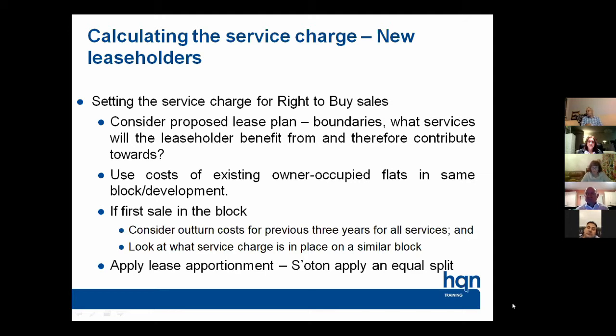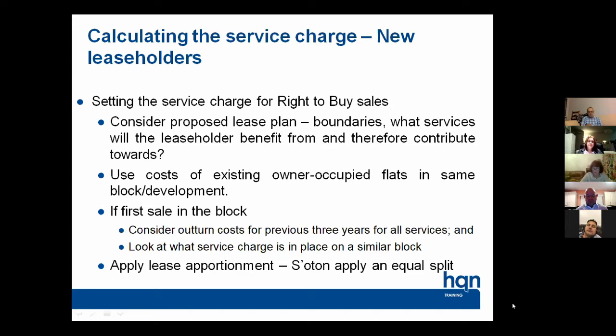Because sometimes, particularly if the local authority hasn't what we call depooled all of the service charges for tenants, then just looking at what a tenant pays before they've exercised the right to buy may not be sound enough, because as I mentioned last night, some tenants can often have the service charges included in their rent. So just looking at what they pay as a service charge may not be robust enough as an exercise to inform what the leaseholder should pay once they've exercised the right to buy.